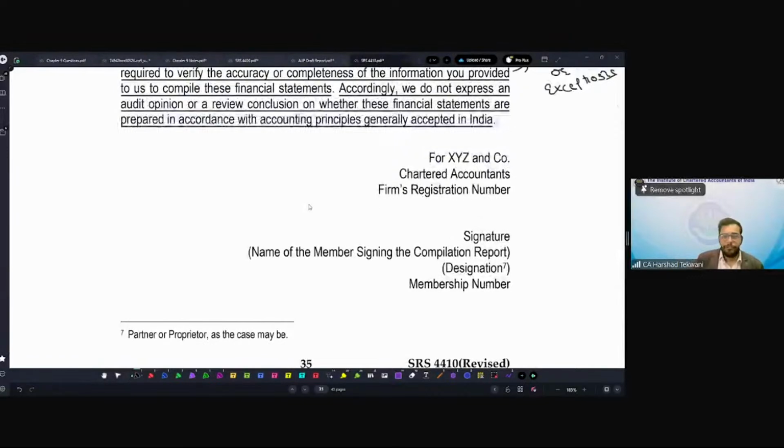And then you have this particular date, sign, place. So this was illustration number 1. If I talk about special purpose framework, we have one more illustration.